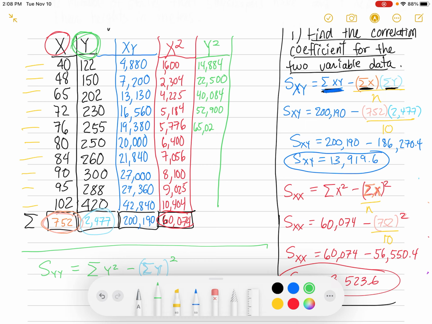I'm going to take 250 and square that. What's 250 squared? No, it's 62,500, right? Let me get that right.